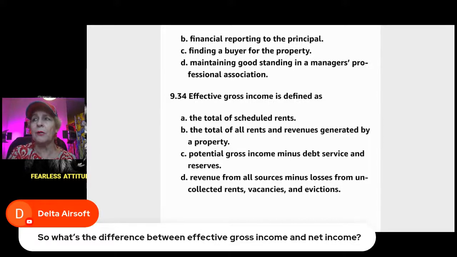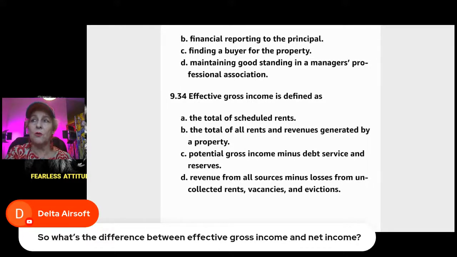Subtracting operating expenses from gross income gives you net operating income. So effective gross income is looking at when you have 100% occupancy. They're not subtracting all the actual expenses to create the net operating income. So it's potential income that could be received versus actual income minus operating expenses.